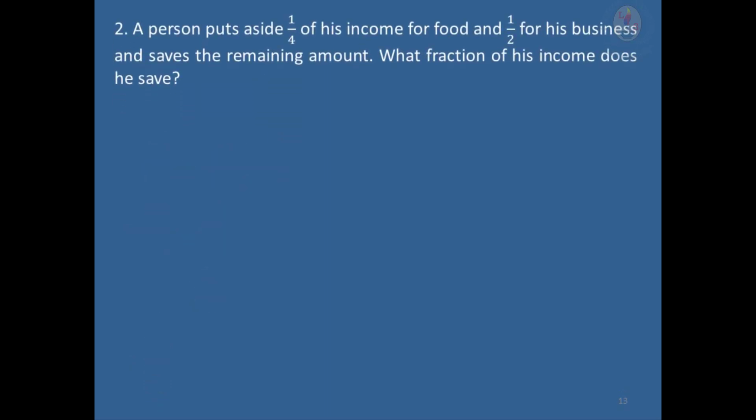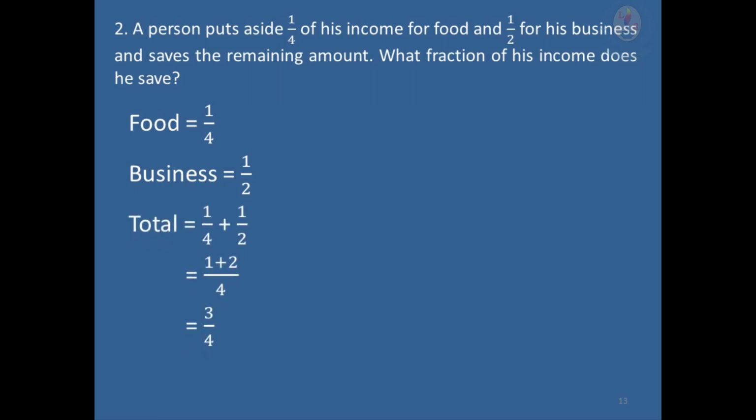Question number 2. A person puts aside 1/4 of his income for food and 1/2 for his business and saves the remaining amount. What fraction of his income does he save? First we need to find the total. 1/4 plus 1/2.